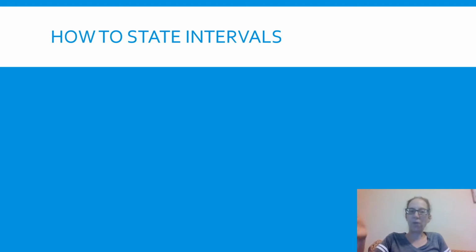I slept from 10 p.m. to 5 a.m. So you have a beginning time and an end time, and you state the interval. When you are stating where a graph is increasing or decreasing, you are going to state an interval, the region where the graph is going up or going down.